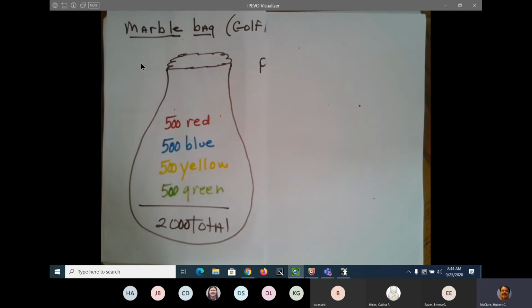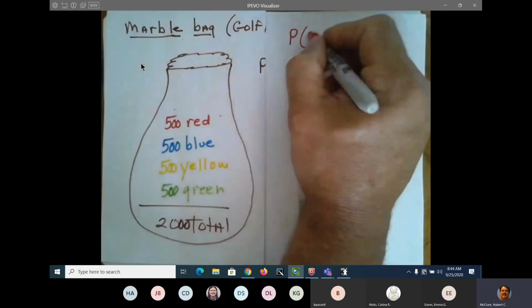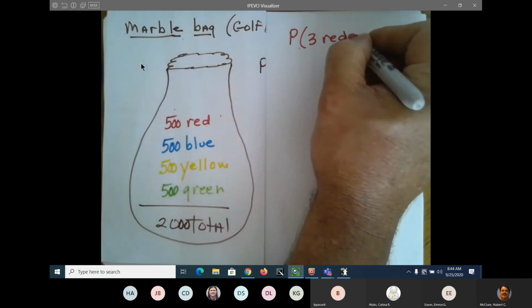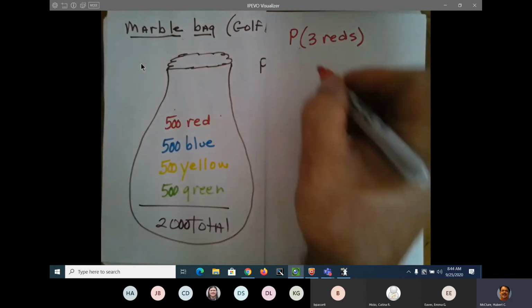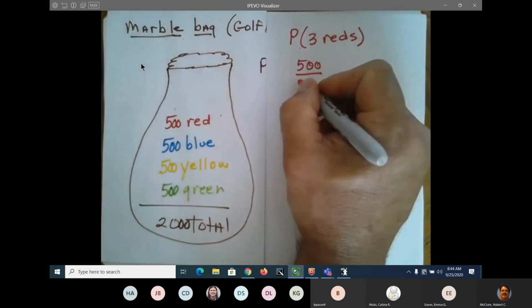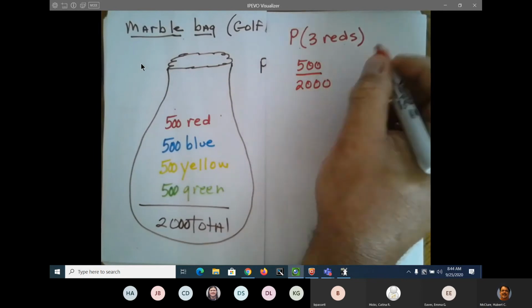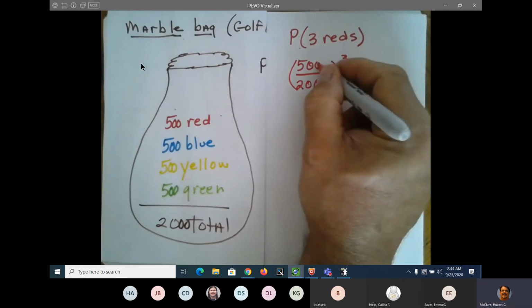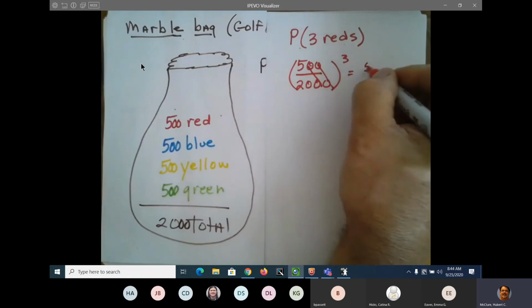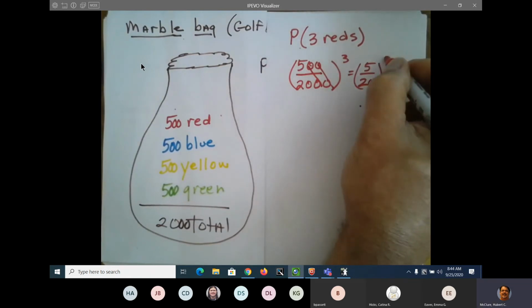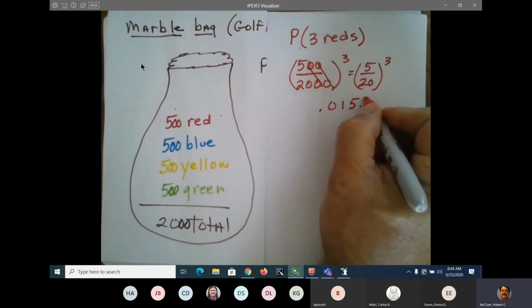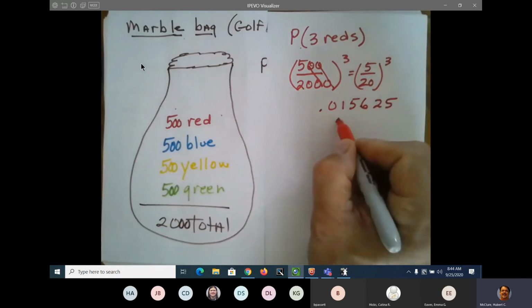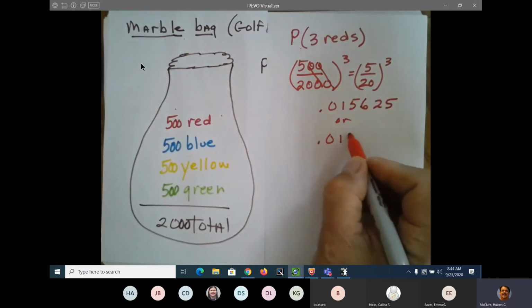So let's go back to the probability of 3 reds. Well, of course, that's going to be 500 over 2,000 raised to the third power, which we've already done because that's 5 over 20 raised to the third power, which we said was 0.015625 or 0.016.